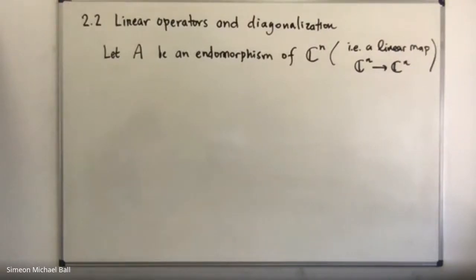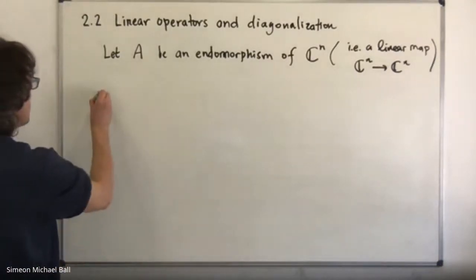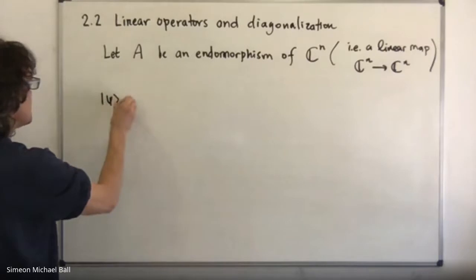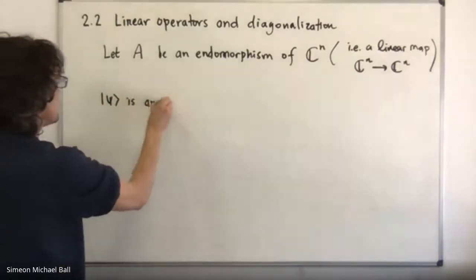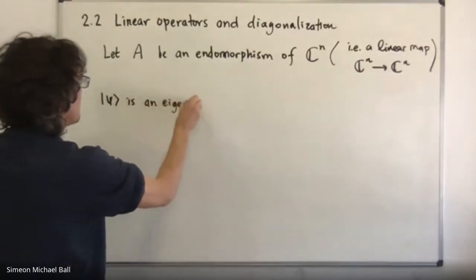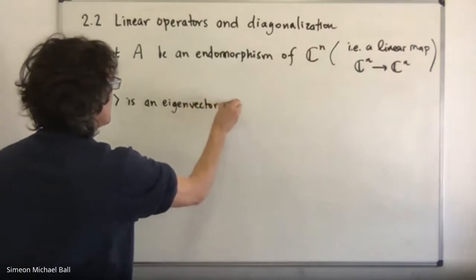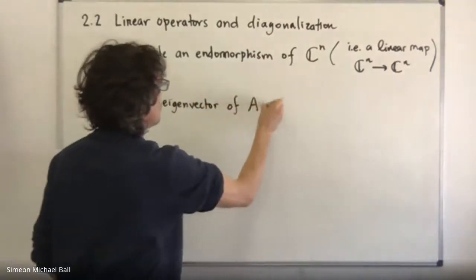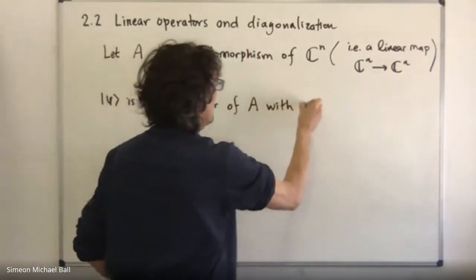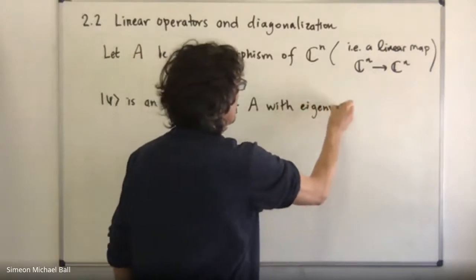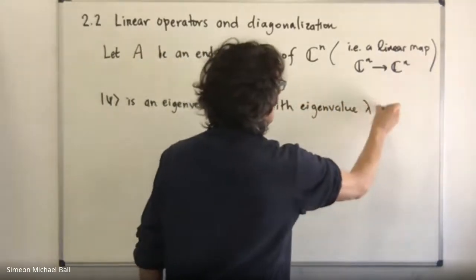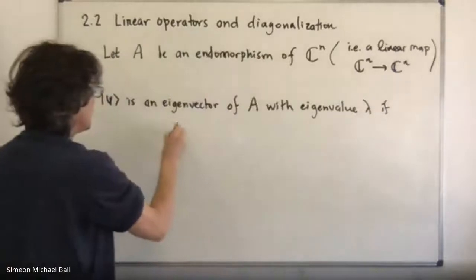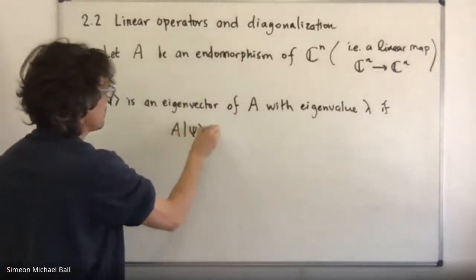Now, for some reason I've used V, but let's use psi again. So just recall, psi is an eigenvector of A with eigenvalue lambda if A psi is equal to lambda psi.